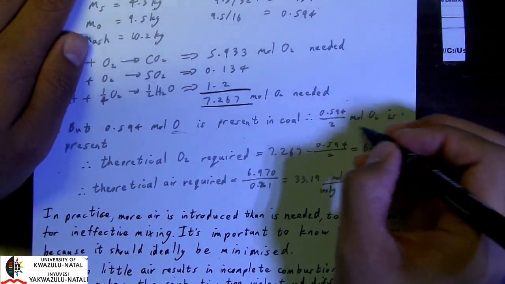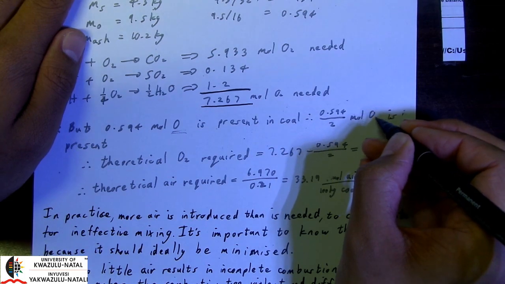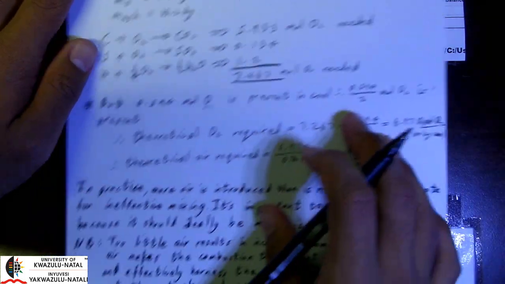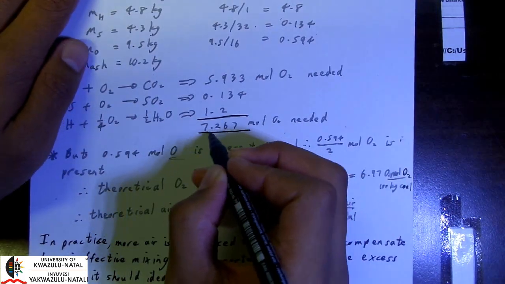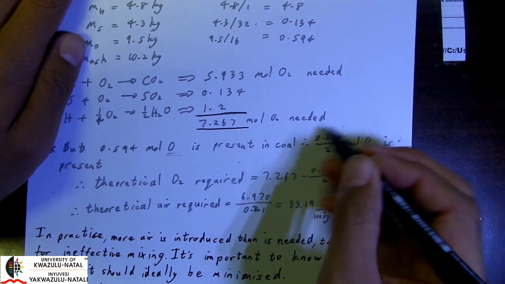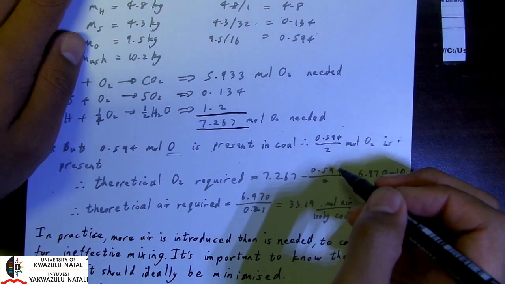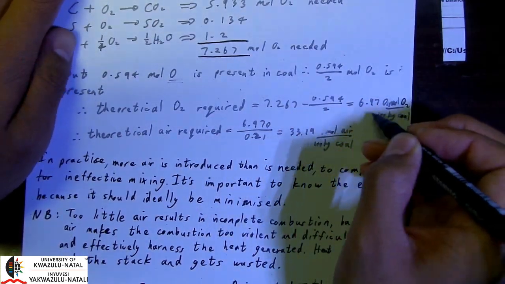So our moles of oxygen gas is half of that, right? That's our moles of O2. So our theoretical O2 required is our summation here, subtracting the equivalent oxygen gas in the coal. So that's my theoretical oxygen.